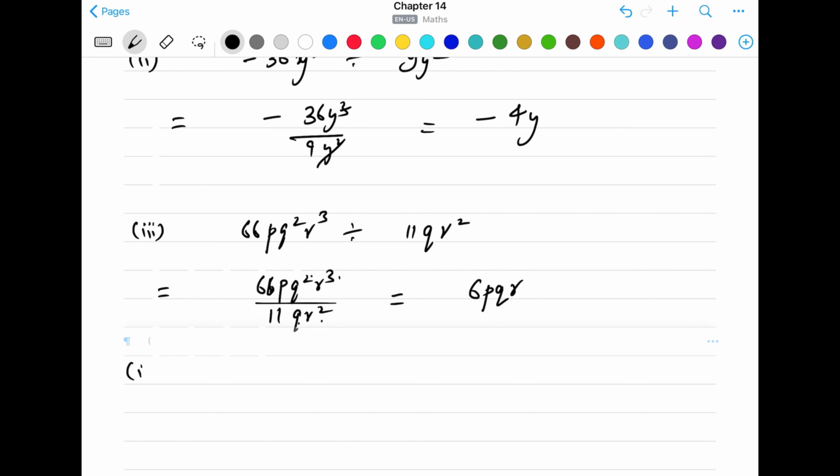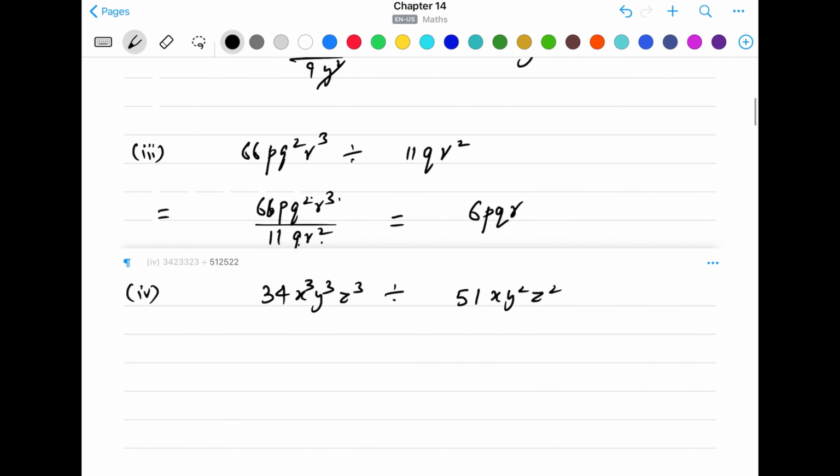Next one, we have to divide 34 x cube y cube z cube by 51 x y square z cube. Let's first write them in division form.